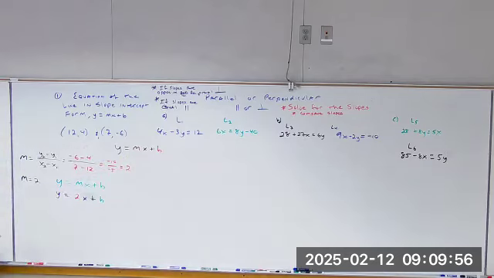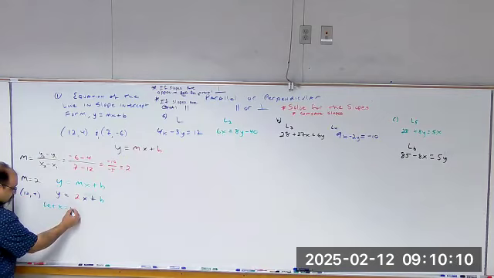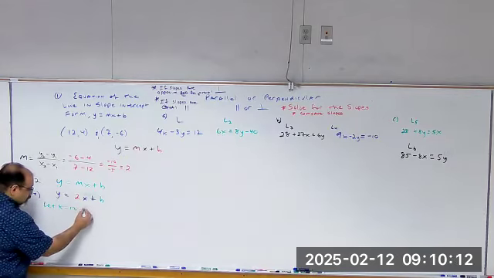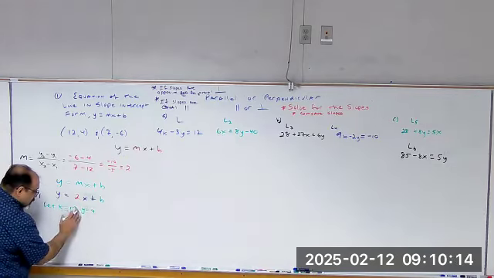Which one? 12, 4. So if I'm going to use the 12 and the 4, I just always write over here on the side. That means I'm going to let the x equal 12 and the y equal 4. Don't get them mixed up.